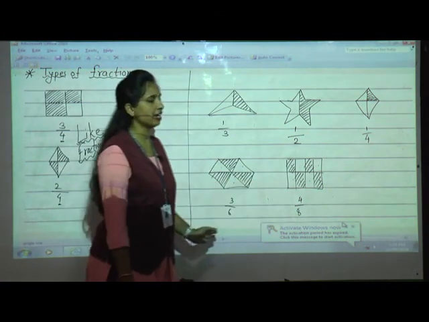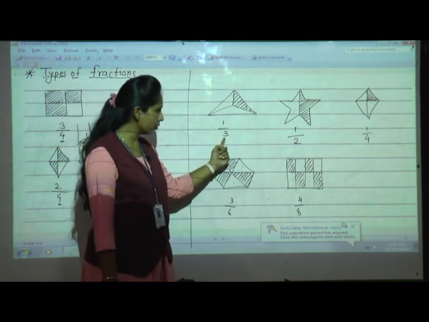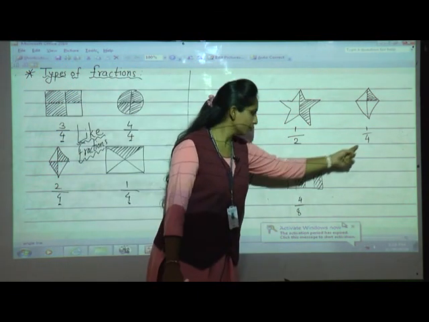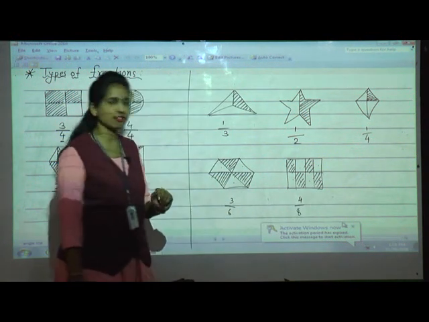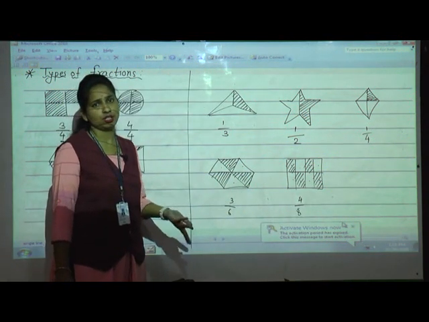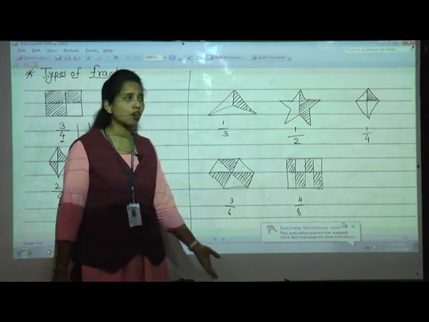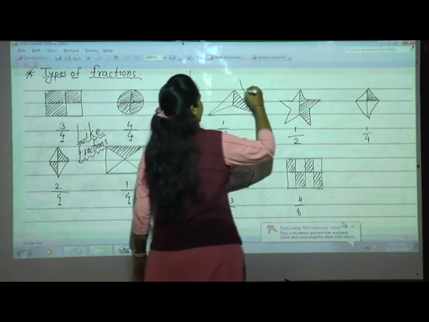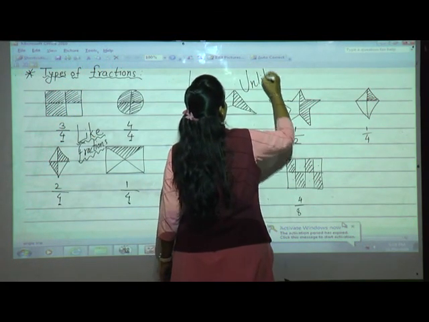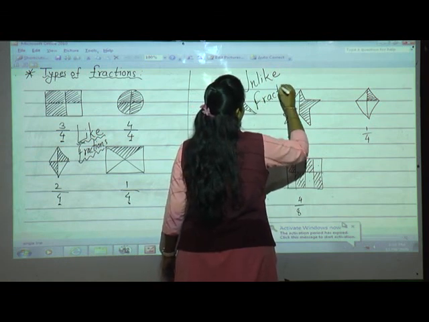I have written 5 fractions here. Observe, the denominators are 3, 2, 4, 8 and 6. All the denominators are different. So when the denominators are different, they are called unlike fractions. What are they called? Unlike fractions. Keep in your mind.